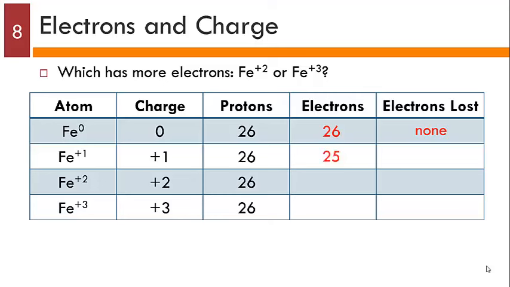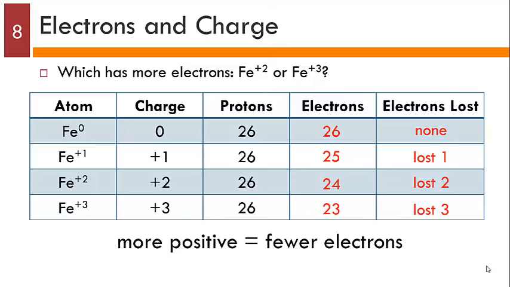The second one must have one less electron than protons because the charge is positive 1, and it's lost 1 electron. The last one must have 23 electrons and 26 protons to make a +3 charge, so it has lost 3 electrons. So the more positive, the fewer electrons, which means that Fe plus 2 has more electrons.